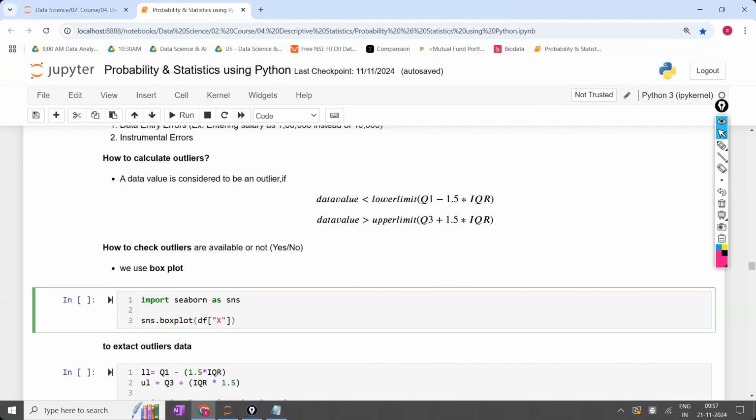Next, first, how to check the outliers. How to calculate the outliers: Q1 minus 1.5 into IQR, and Q3 plus 1.5 into IQR. Why this 1.5? I'll explain. Just give me 2 minutes of time. You'll understand next. Now, to check whether outliers are available or not, we are going to use the box plot.